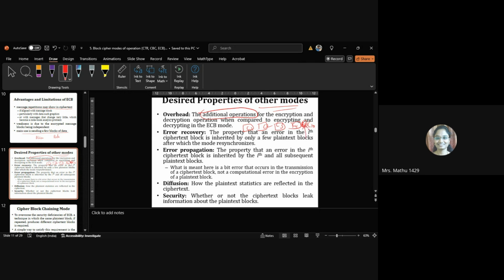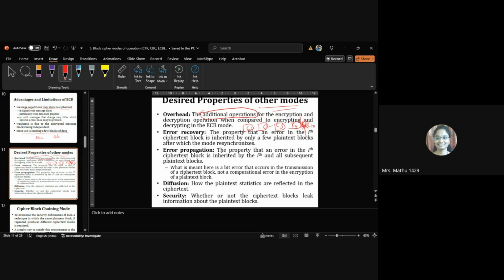If he is able to insert some error in this particular block, then this error should be carried over only to the remaining blocks, so that we need not worry about all the previous blocks, which we should be able to guarantee are not corrupted and are safe. Only the blocks from which it is getting affected, we need to take care of and rectify. So error recovery would be better.